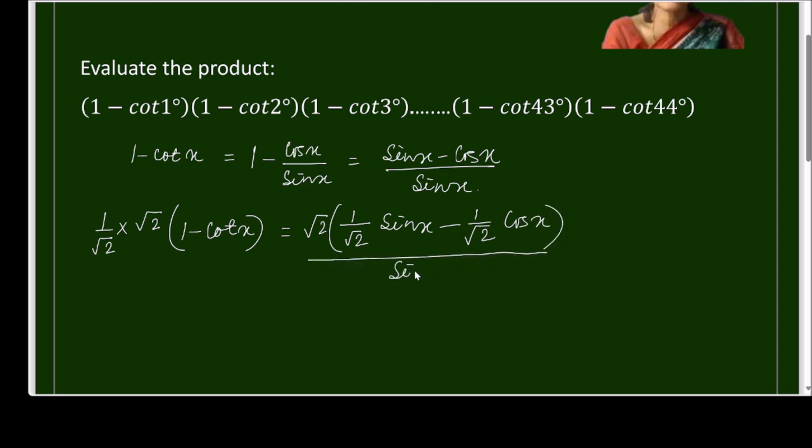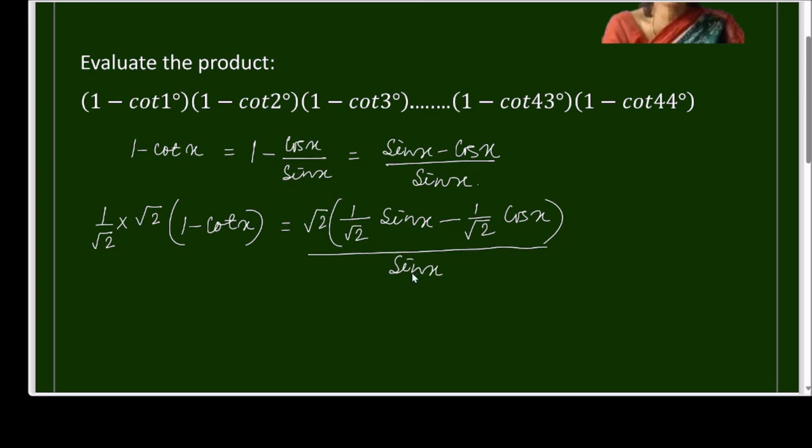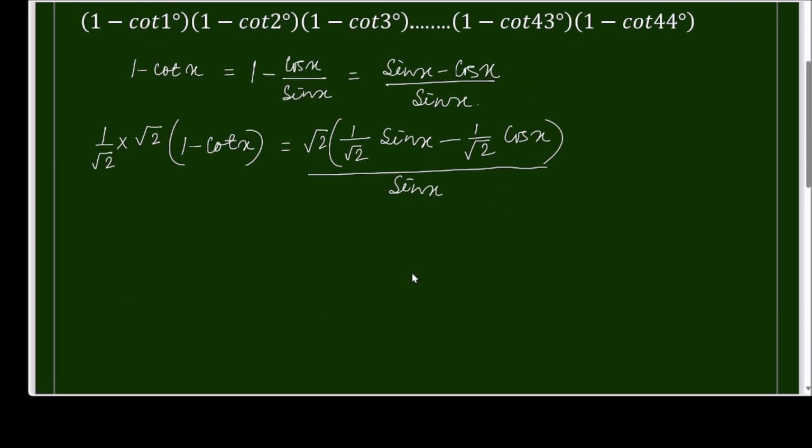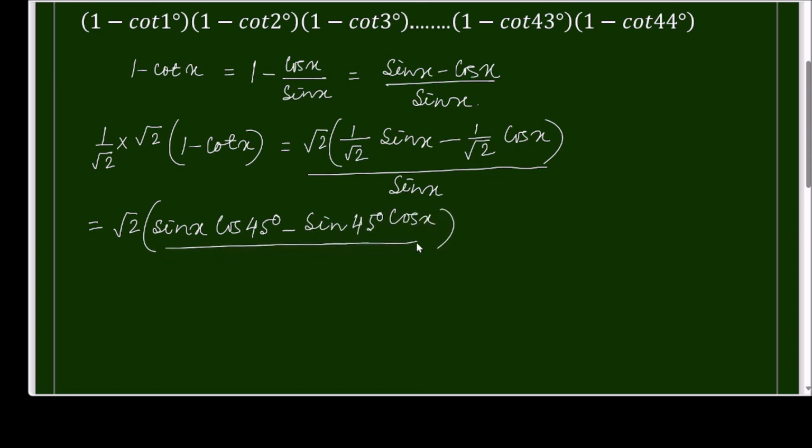So what is the motive of doing this? I'll convert the above numerator to a sine function. How to do it? 1 over root 2 I can write as cos 45 degree, or pi by 4, minus sine 45 degree into cos x upon sin x.